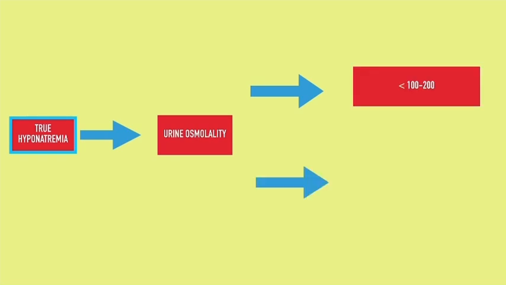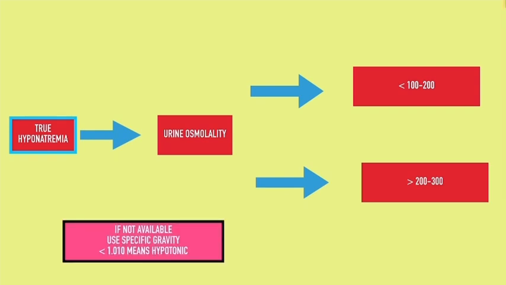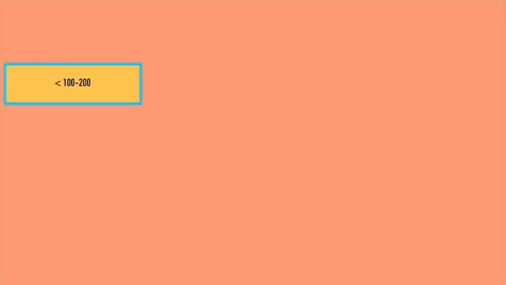So in case of true hyponatremia, the next investigation is actually urine osmolality measurement to look whether the urine osmolality is less than 100 to 200 or more than 200 to 300. If we don't have the facility to measure this urine osmolality, we can actually use specific gravity value, whether it is less than 1.010 or more than 1.010. So if the urine osmolality is less than 100 or the specific gravity is less than 1.010, it means it is actually ADH independent.